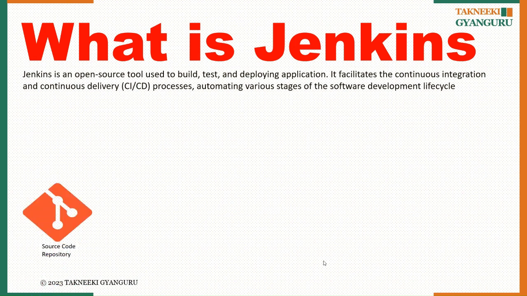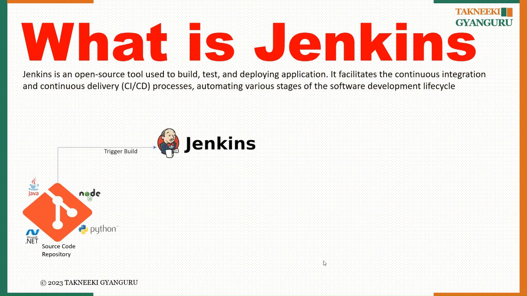Let's say we have the source code repository where we have different applications like .NET application, Java application, Node.js, Python, PHP, LAMP stack, or Django, any kind of application we can put into the repository. Then Jenkins will get the code from the repository.